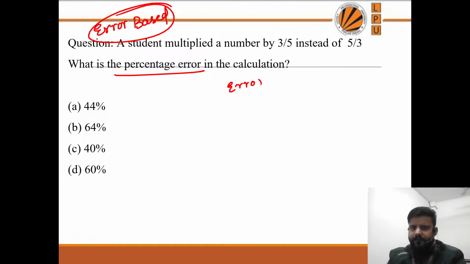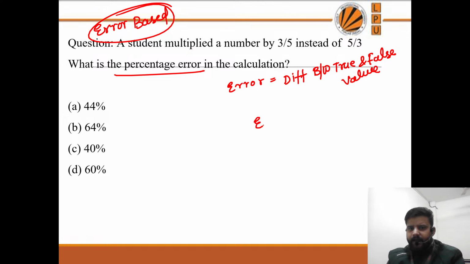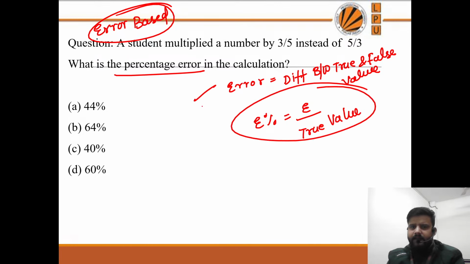Error is always, first thing is this: the difference between true and false value. And error percentage is nothing but error divided by true value. Now apply these to get the answer for this question.